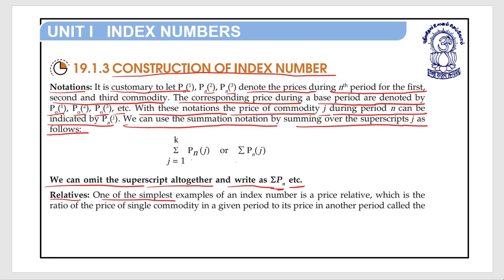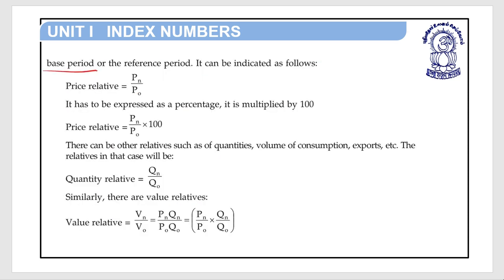Relatives. One of the simplest examples of an index number is a price relative, which is the ratio of the price of a single commodity in a given period to its price in another period called the base period or the reference period. It can be indicated as follows. Price relative is equal to Pn upon P0. It has to be expressed as a percentage, so it is multiplied by 100.